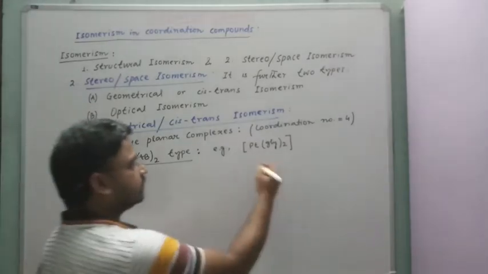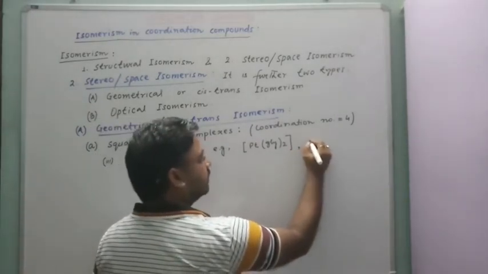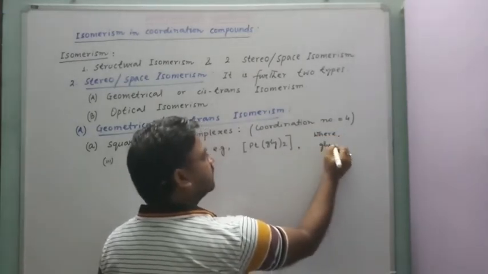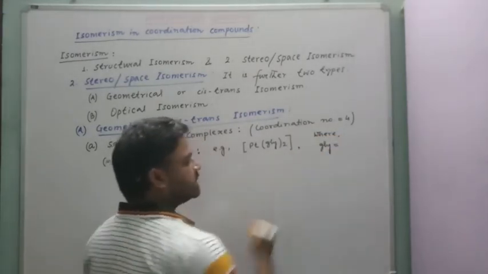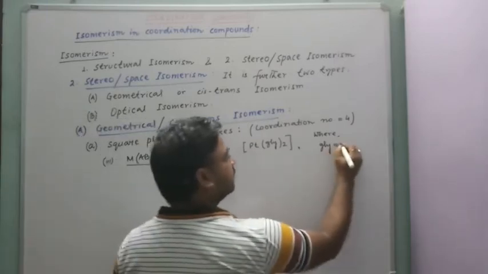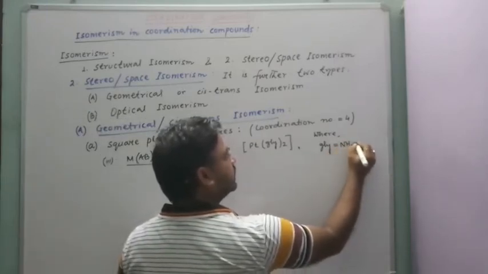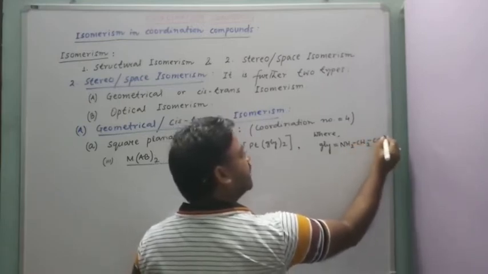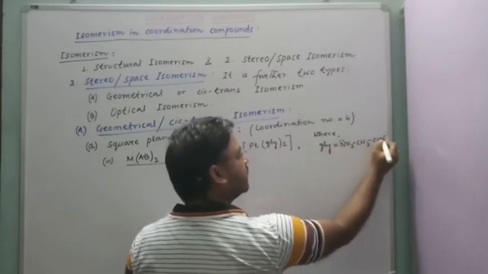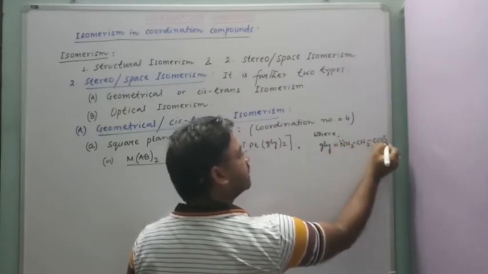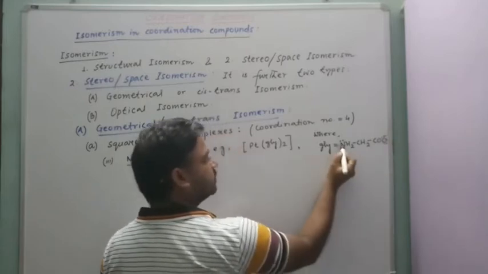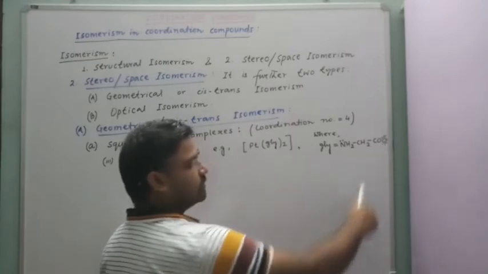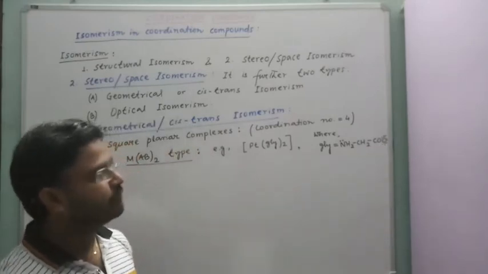Here Gly is glycinate ion, and glycinate ion का formula NH2CH2COO negative. So nitrogen contains lone pair. Here this oxygen contains lone pair of electrons. So nitrogen can donate its lone pair of electrons and form one coordinate bond. Similarly, oxygen can donate one lone pair of electrons to the central atom and forms coordinate bond.